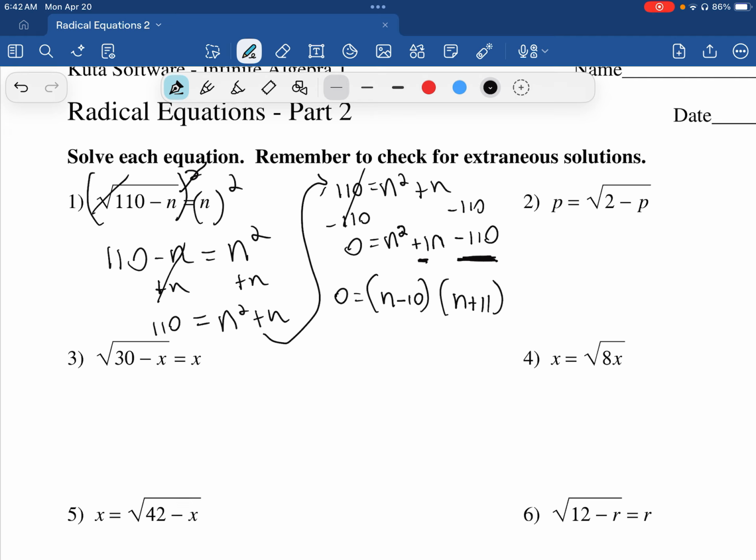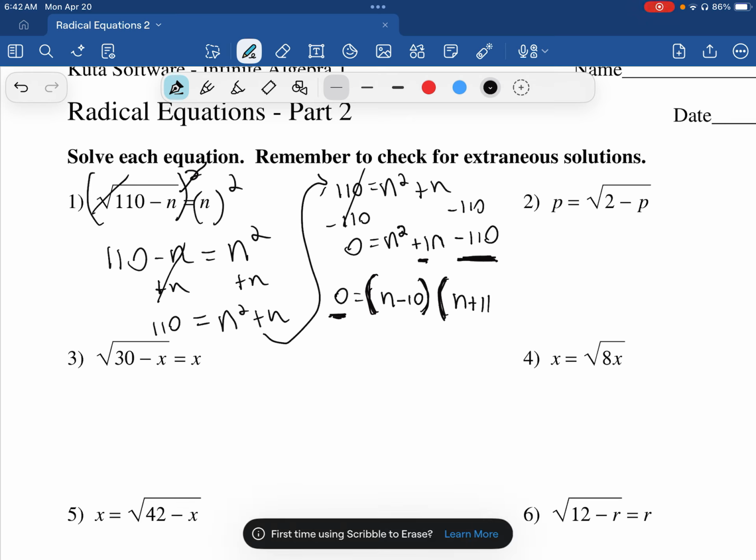When you multiply negative 10 and positive 11, you get negative 110, and when you add those two, you get positive 1. Because we're setting this equal to 0, and these two parentheses are being multiplied by each other, if either one of those parentheses equals 0, then the whole thing equals 0, because 0 times anything is 0.